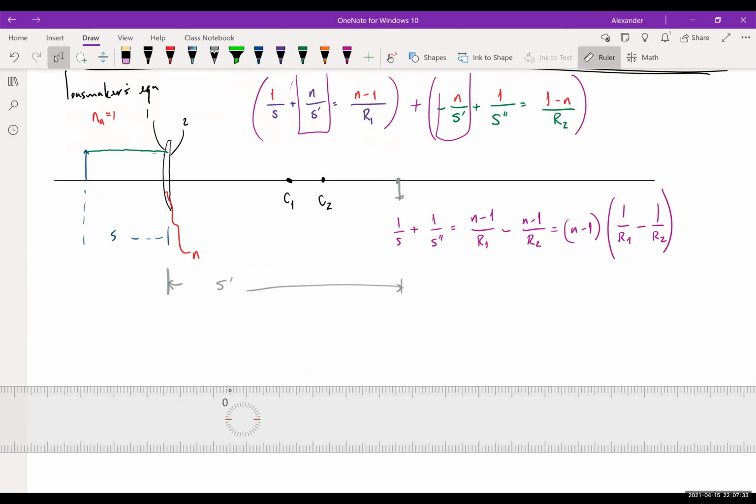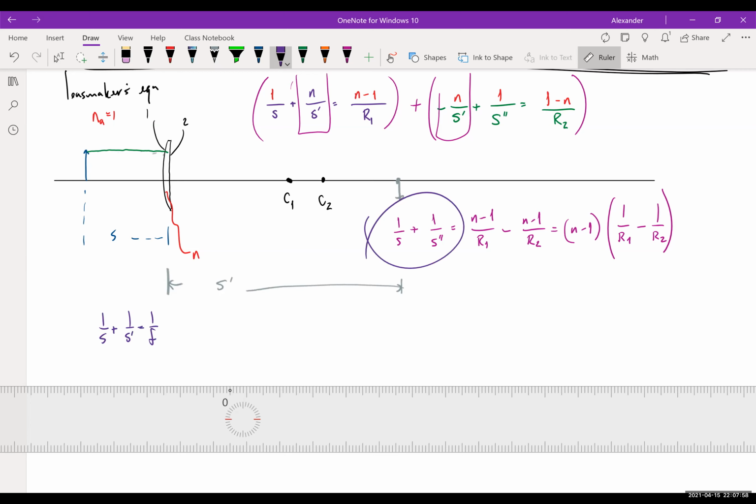Like if we pretend for a lens on its own that there's an optical center line, and we're just going to treat it like a thin lens like we were before, we've got the same equation as we had for a mirror: 1 over s plus 1 over s prime is 1 over f.